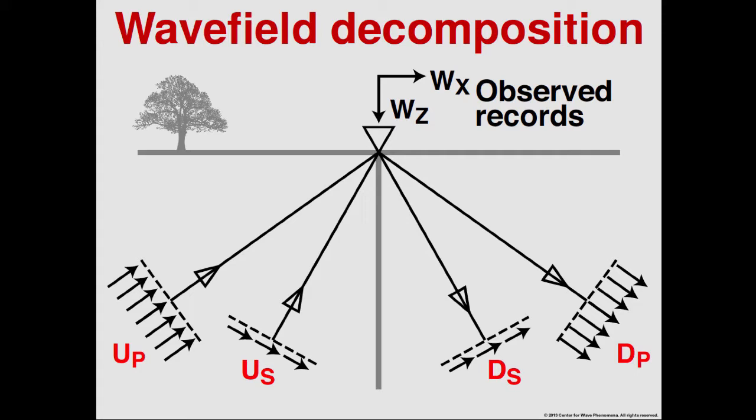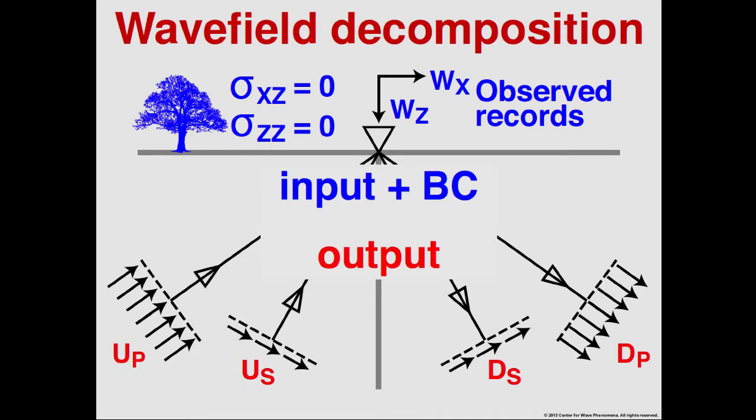We want to compute them separately by using two components of observed records at the free surface and the stress-free boundary condition. In this figure, blue indicates input data and boundary conditions at the free surface, so we already know this blue information. The red terms are our targets.